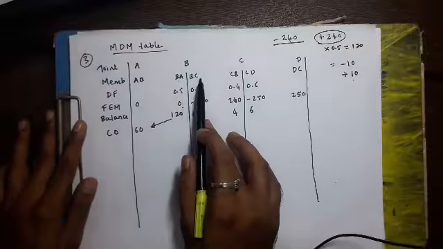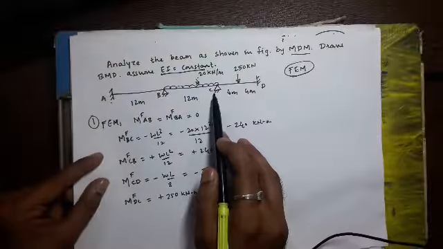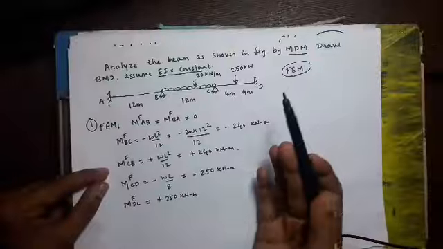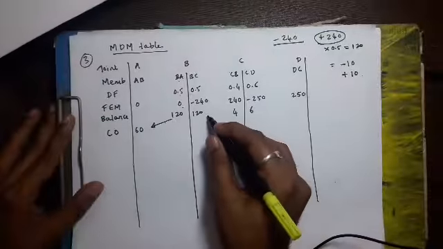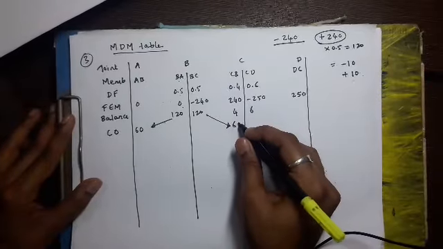Again BC, what is the far end? CB. For BC, the far end is C, and this C is an intermediate support which will be treated as a fixed support. So half of the moment is transferred to CB, 60.